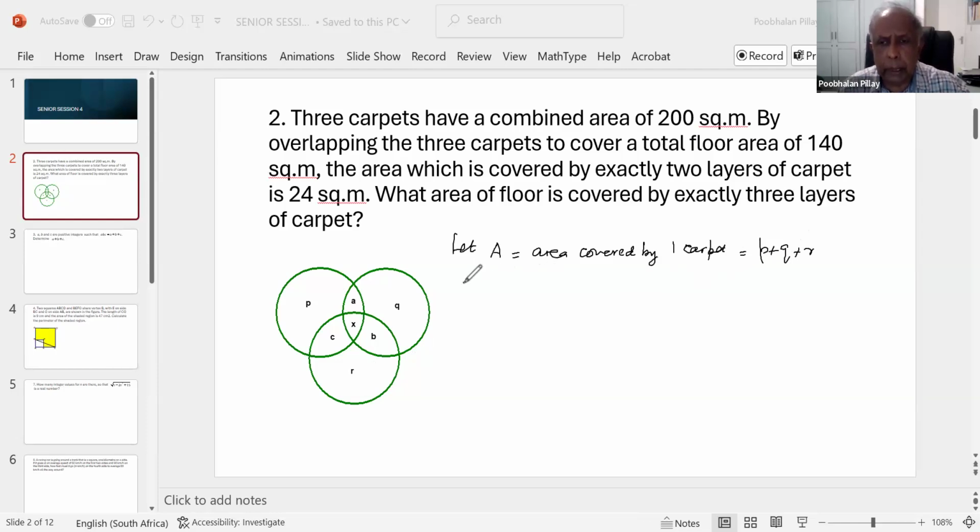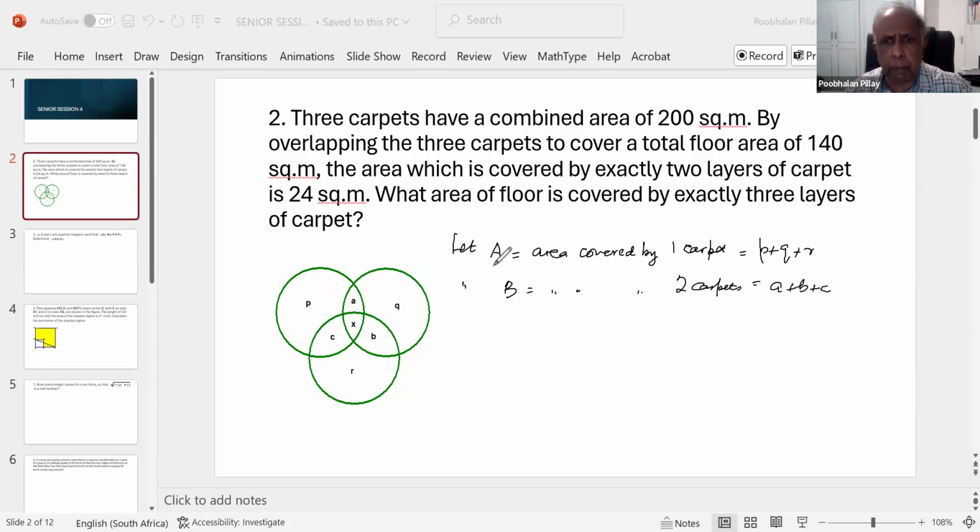Okay, and then the area covered by 2 carpets, we'll give it a name B, and that is A plus B plus C. See, there's so many unknowns, so we might as well try to kill the unknowns by replacing several of them by a single one, like what I'm doing now.